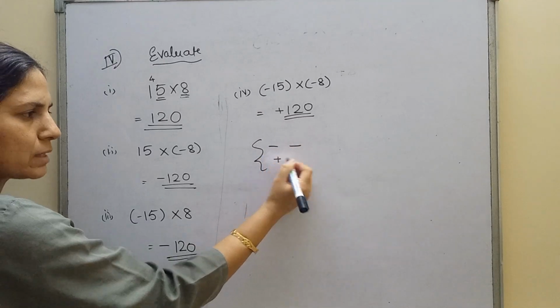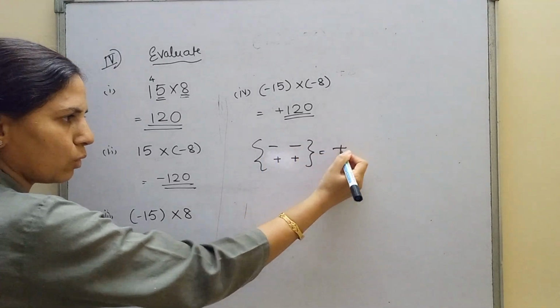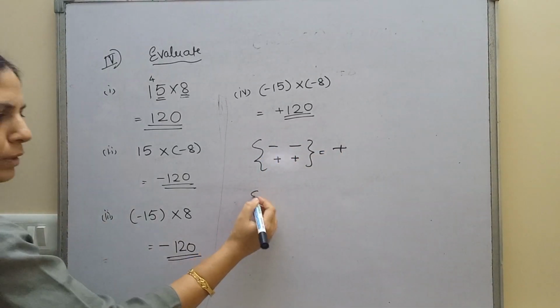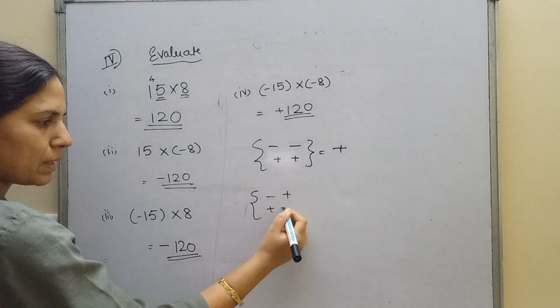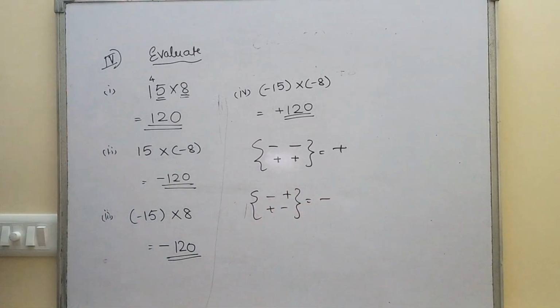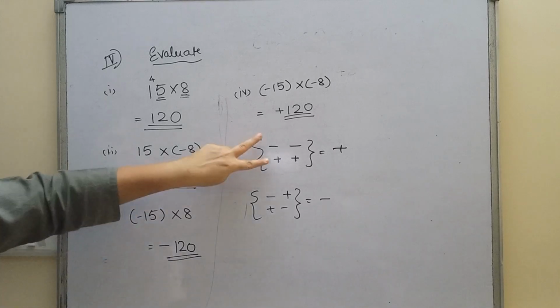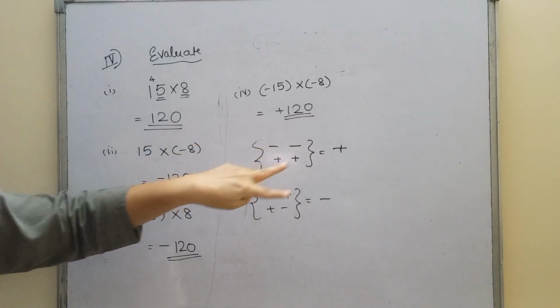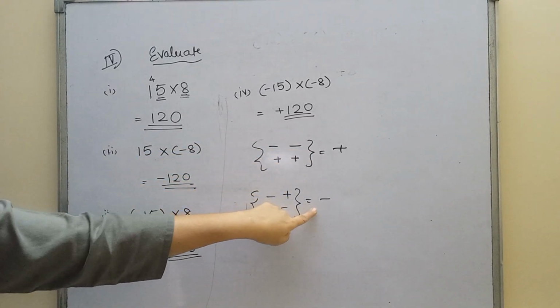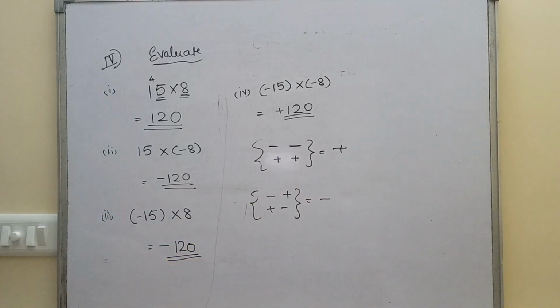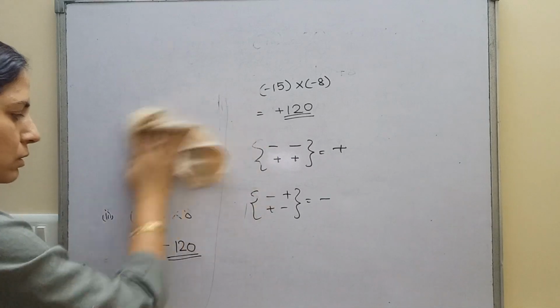Whether it be minus minus or plus plus, your answer will always come in plus. Two different signs, minus plus or plus minus, your answer will always come in minus. Same signs, positive. Opposite signs, negative. Always remember.